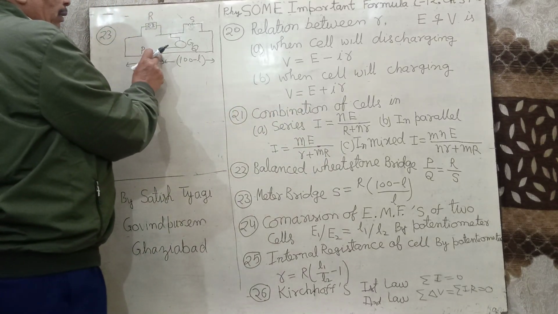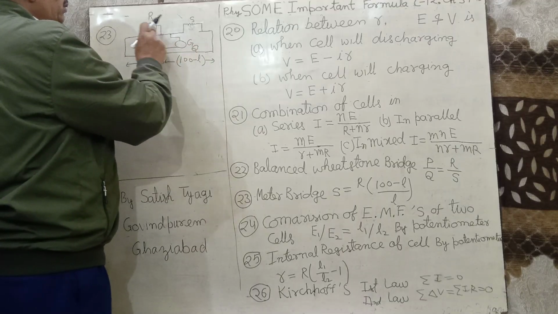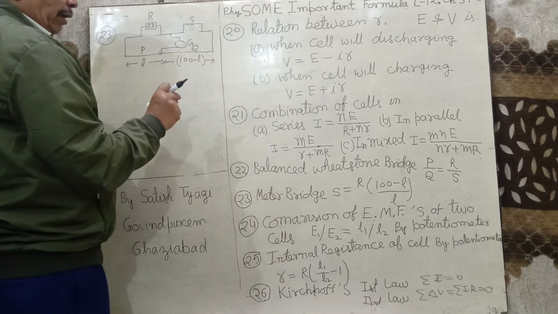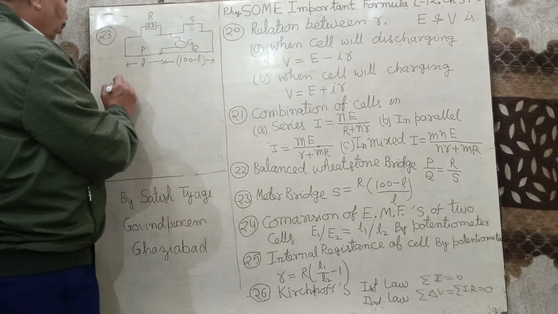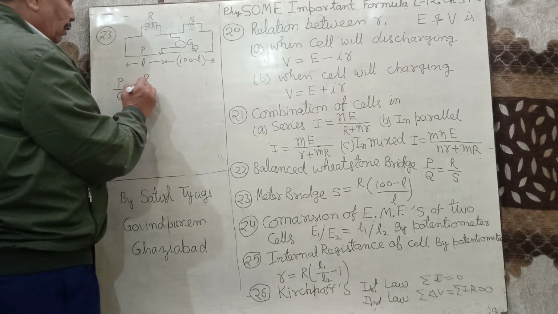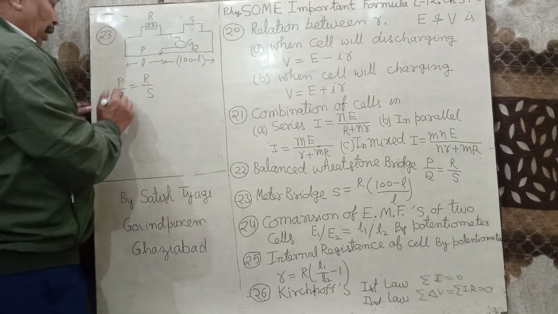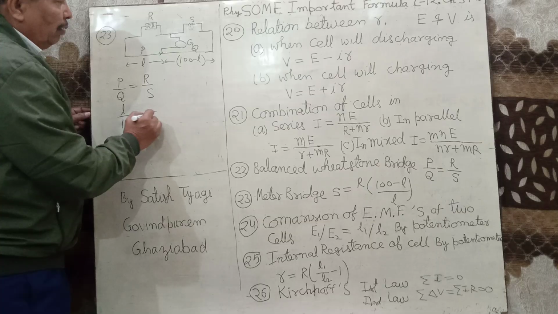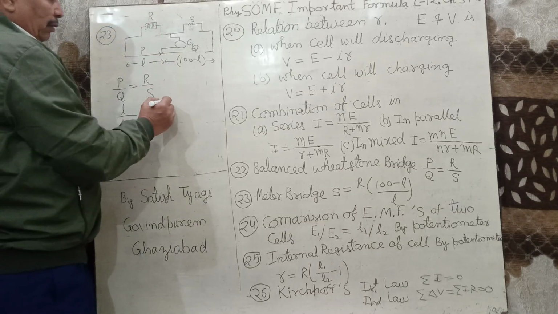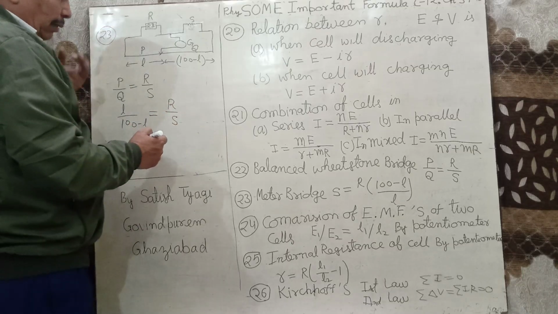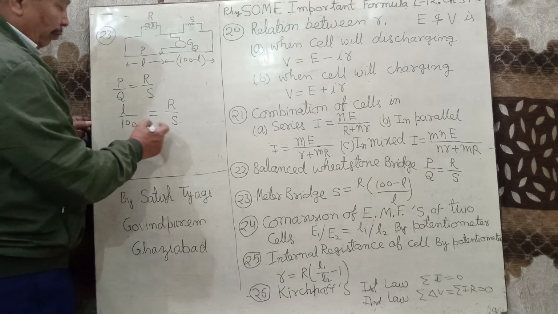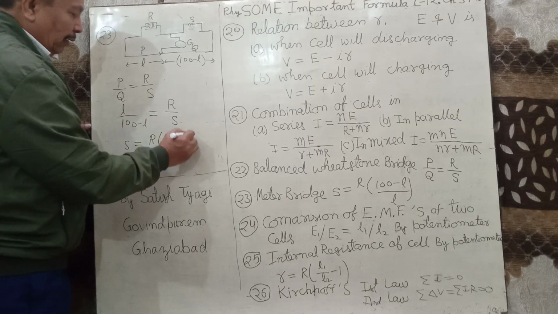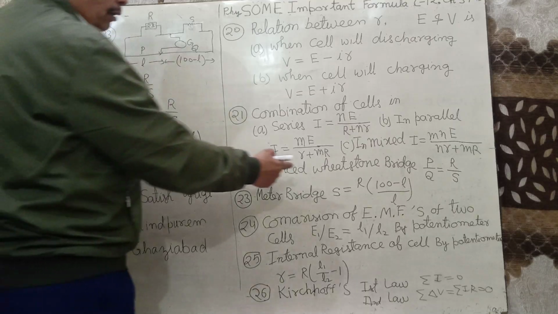Let this be the P resistance, this the Q resistance, this the R, this the S. According to the Wheatstone bridge, P upon Q equals R upon S. Putting the values, L upon 100 minus L equals R upon S. From this we calculate S equals R times (100 minus L) upon L. This is the formula.